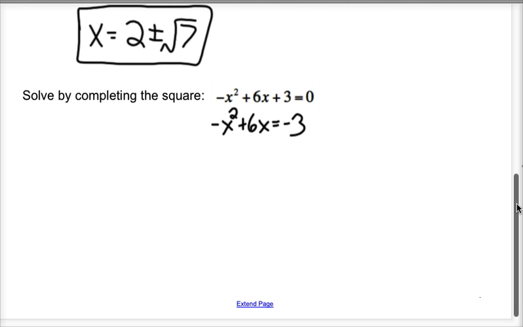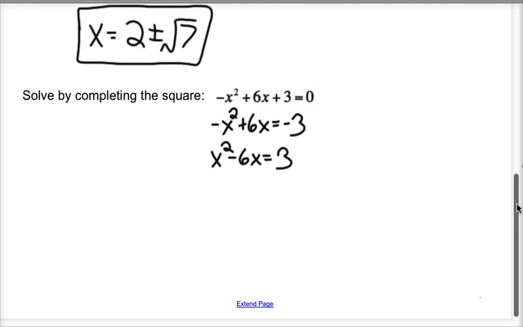Well, dividing by negative 1, all that does is flips the signs of everything. So picture dividing the whole thing by negative 1 to flip the signs of everything in the equation. And the reason we're doing that is because we need the x squared term by itself.